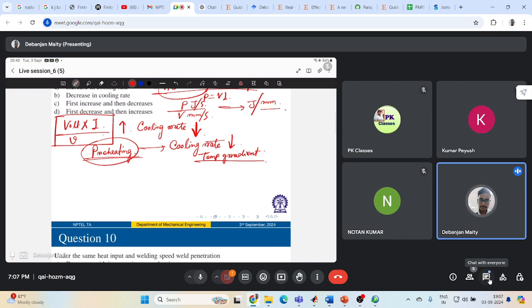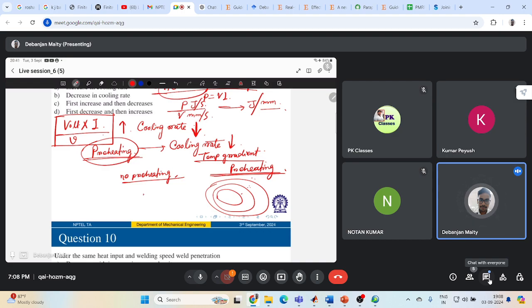Now, if you are doing preheating for a metal, let's say this is no preheating and this is preheating. If you are doing preheating, you are causing more area of your metal to be heated up, right? So if you look at the contour, there will be a near uniform distribution of temperatures if you are doing preheating.